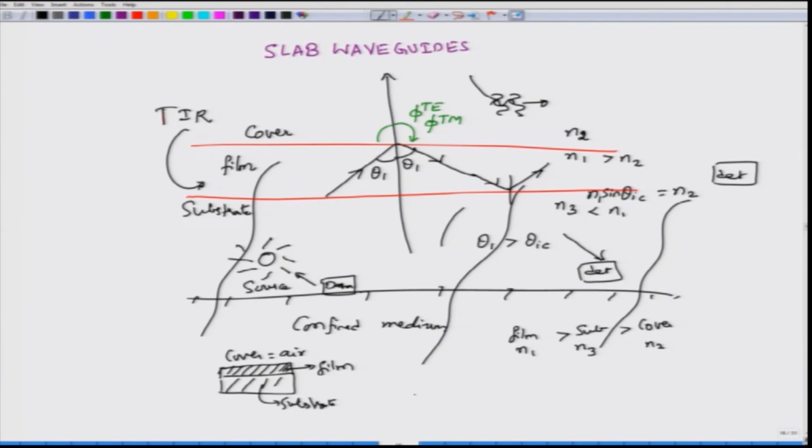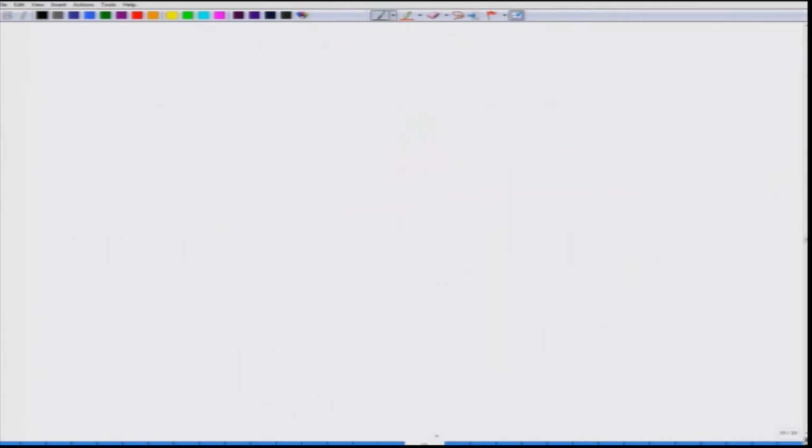And because we considered 3 different layers, each of them having a different refractive index, this is called an asymmetric slab waveguide. But what we will do is actually consider the symmetric slab waveguide, in which I have the film of refractive index N1 and the cover and substrate both of the same material.